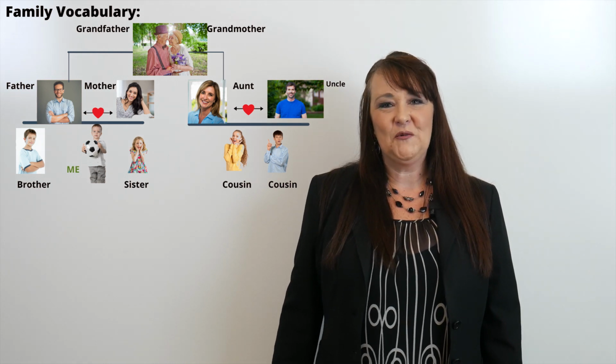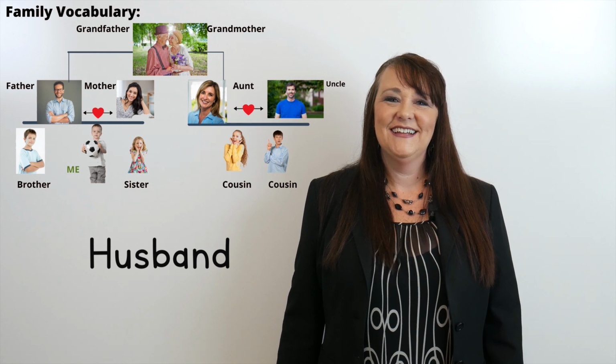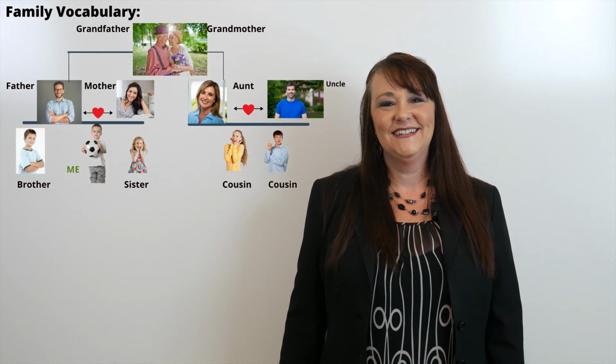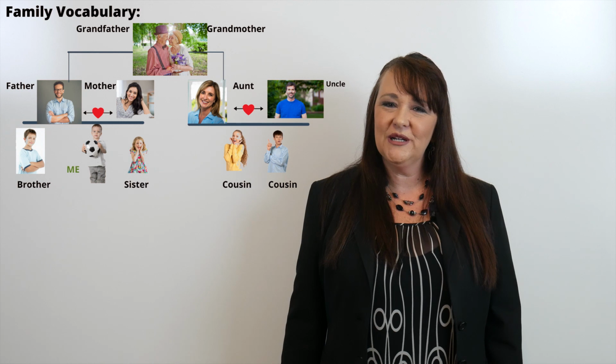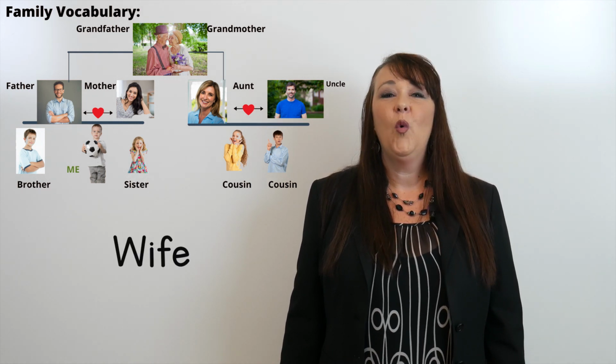The last two words are husband. You say it, husband. And the last word is wife. You say it, wife. Now that we've practiced saying some of these vocabulary words, let's look at relationships between these people so that you understand what these words actually mean.